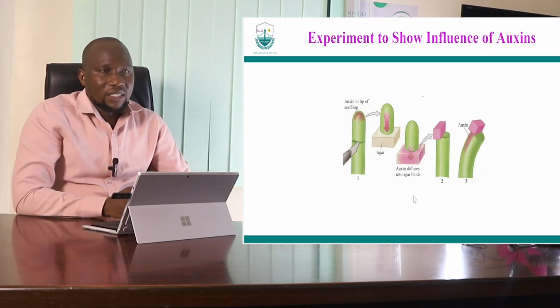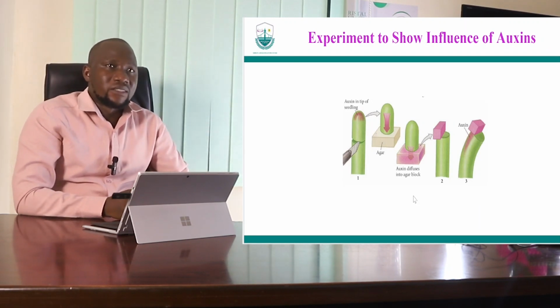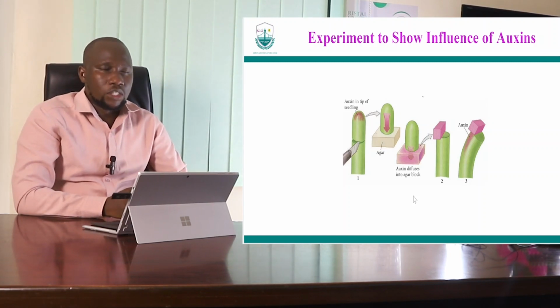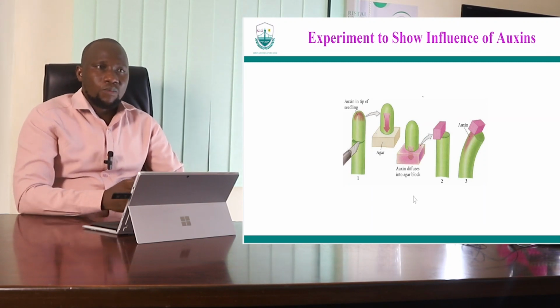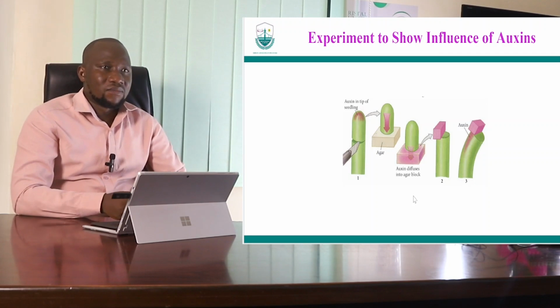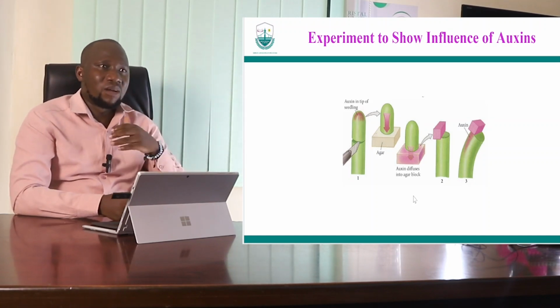So let's look at how we can really show the impact of auxins on the growth of a shoot tip. Basically, growth in plants, we'll look at it later on, has secondary growth and primary growth.